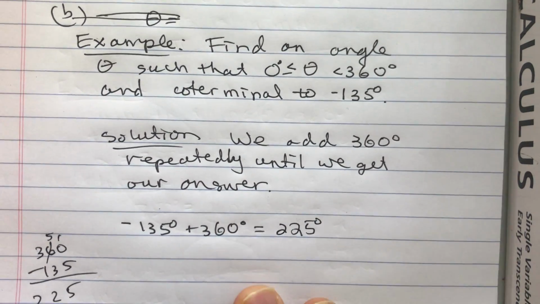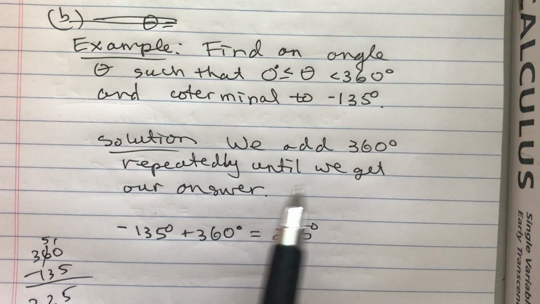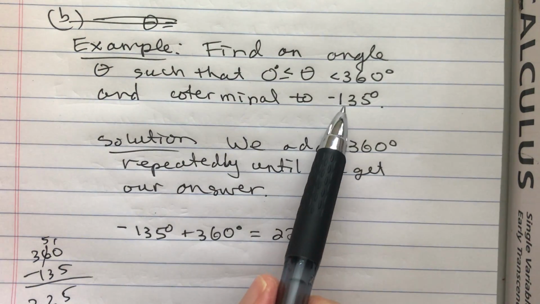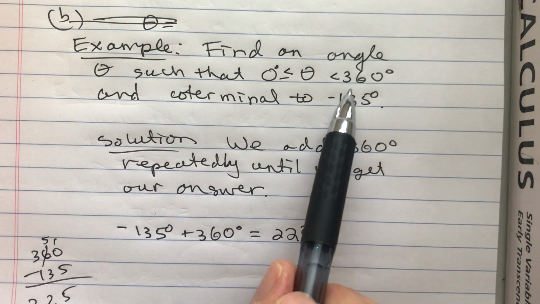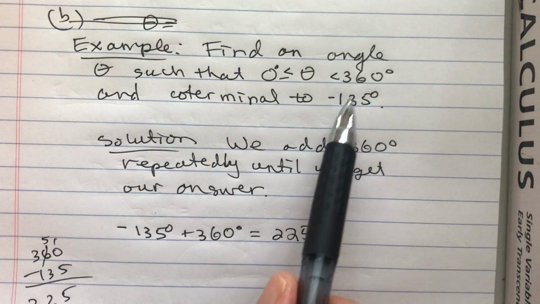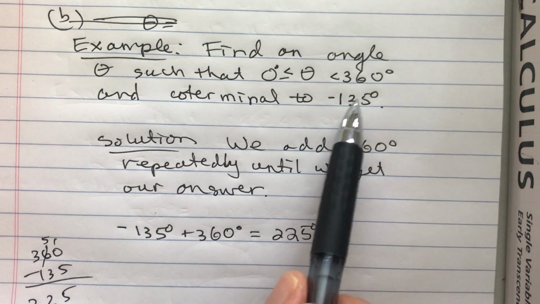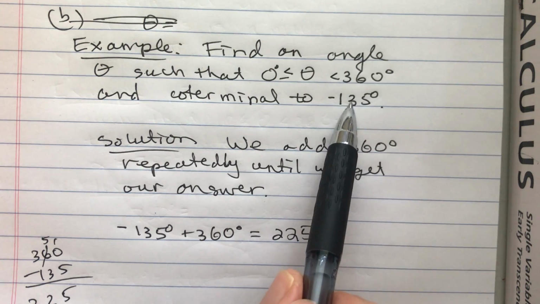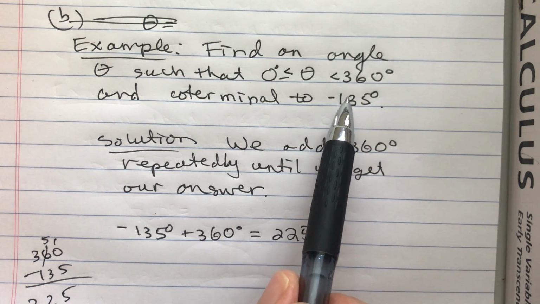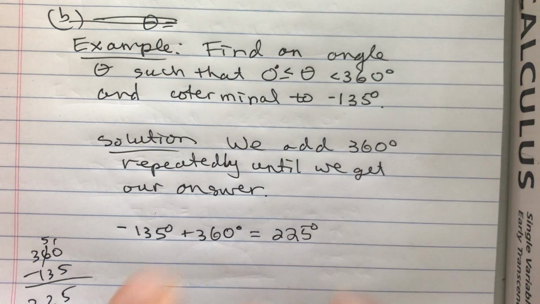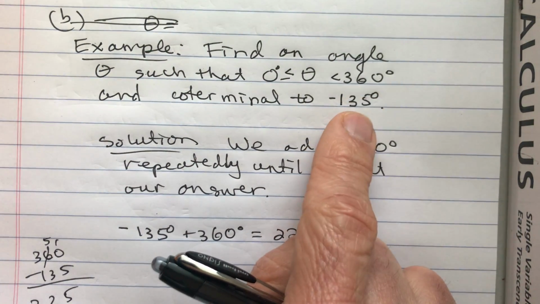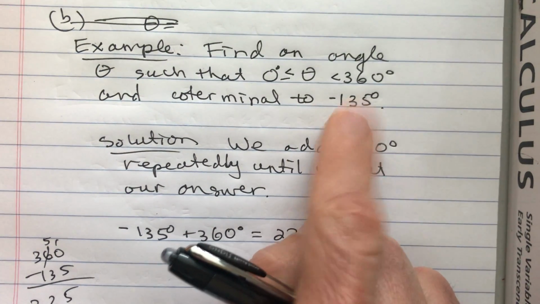Now if you're not using this method, if you're using, say, a remainder method, and you add a large number that's negative, then you divide by 360, and you look at the remainder. You could divide by 360 and get the remainder, but the remainder still will be negative. But it'll be a negative number that's between 0 and negative 360.